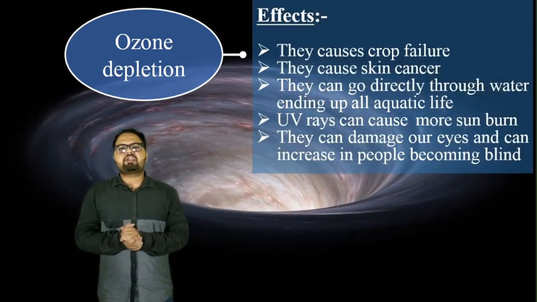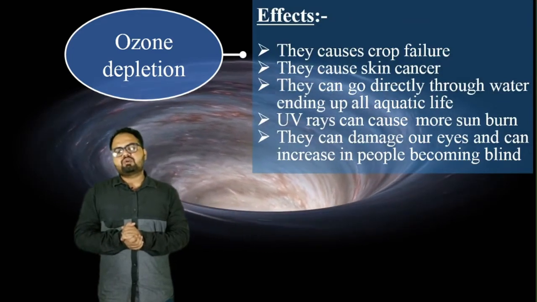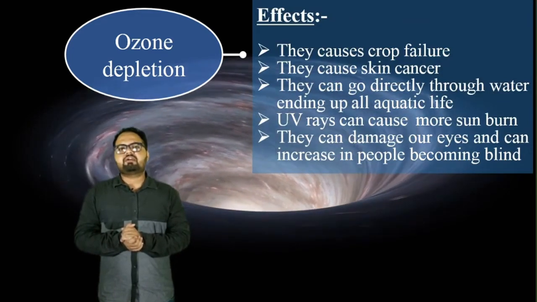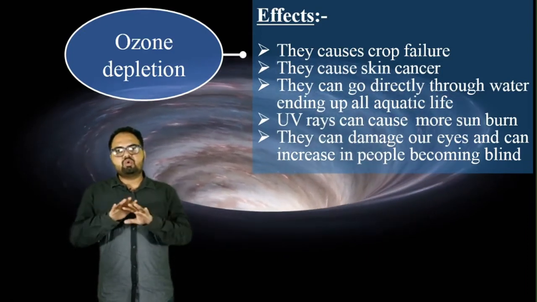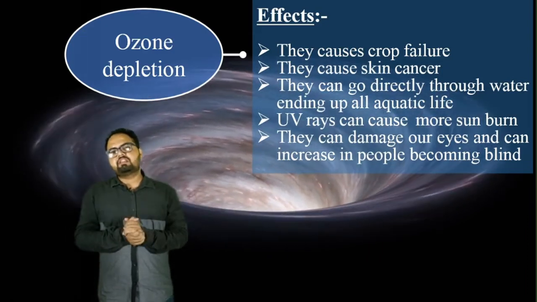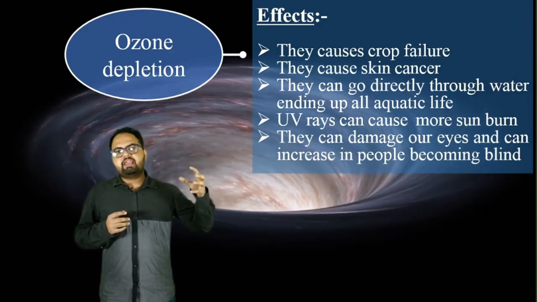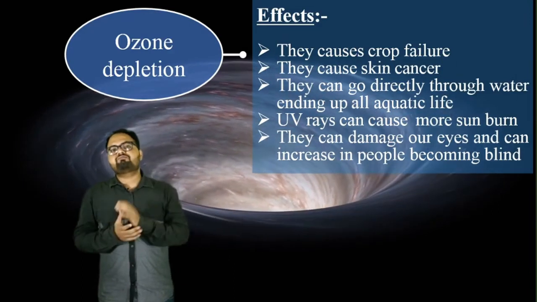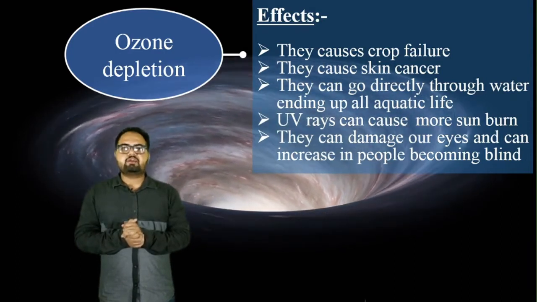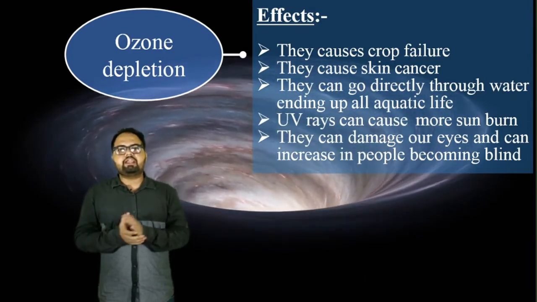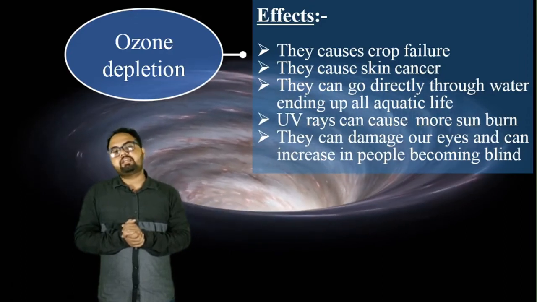So what are the effects of ozone depletion? As there is a hole in the layer of ozone, there is no filtering of the sun's rays. Harmful rays directly cause crop failure. They can cause skin cancer. They can go directly through the water, ending all the aquatic life.